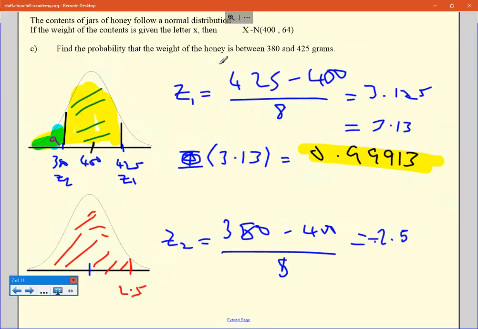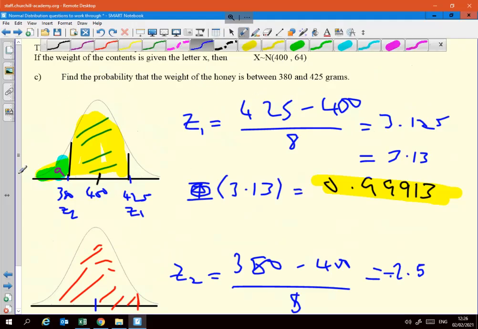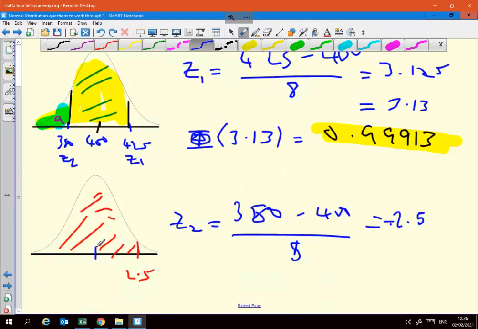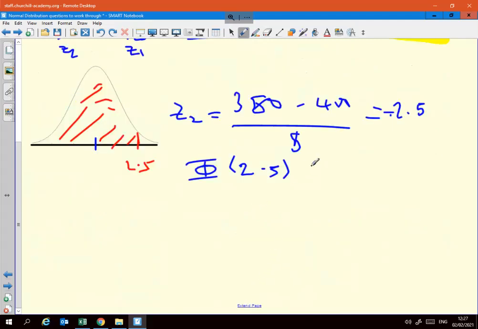Okay, let's do that. Let's look up 2.5. So I can't look up minus 2.5, but I can look up 2.5.